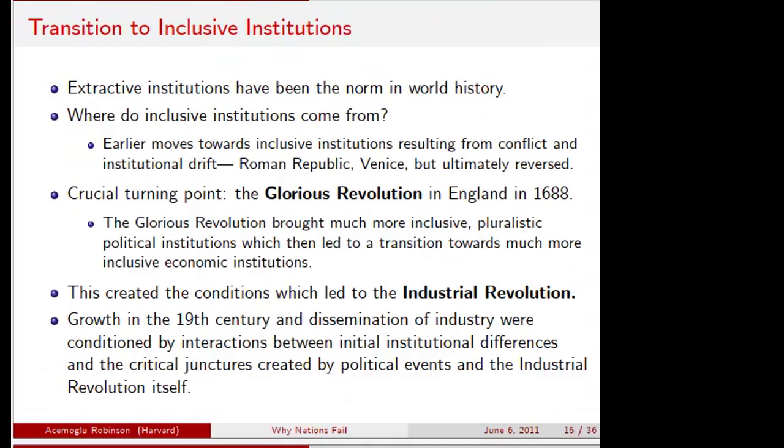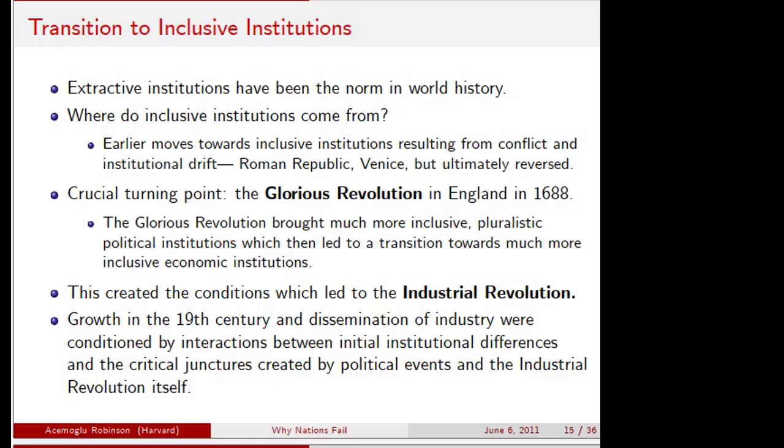Transition to inclusive institutions. This is one of the most important questions in the entire book, and I would admire the authors because the question of where inclusive institutions actually come from is very difficult to answer. Extractive institutions have been the norm throughout human history, as you know.